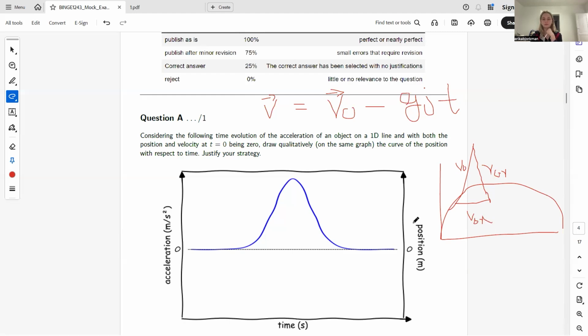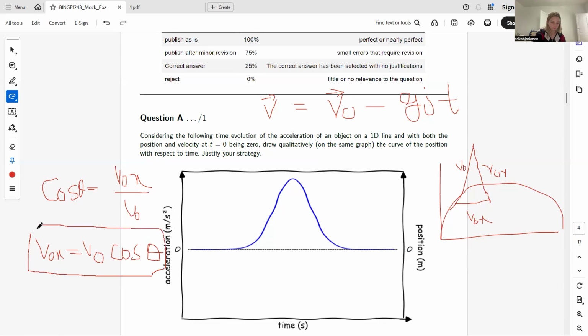You can consider it a right triangle. From the right triangle, we calculate cos theta, which is equal to base over hypotenuse, v naught x over v naught. After rearranging, v naught x is equal to v naught cos theta. That is the horizontal component of the velocity.